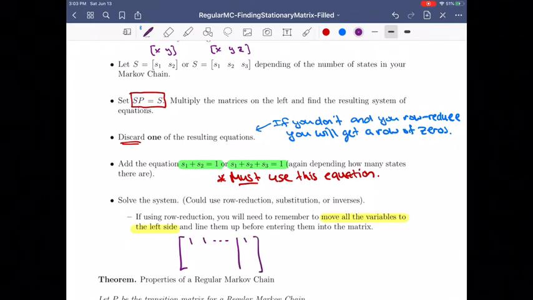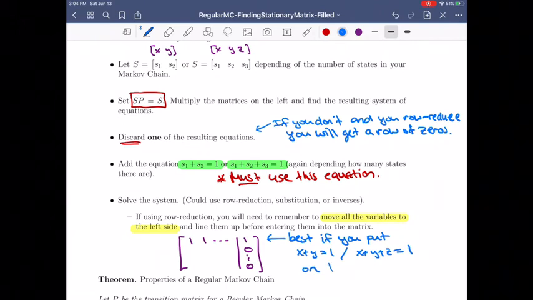All your other equations are not nice, but they are all going to end with zeros, so that the matrix you row reduce should look something like this. It's best, you don't have to, but it's best if you put the x plus y equals 1, or x plus y plus z equals 1, equation on the top. Because it's already 1, it's going to make your life a little bit easier. So that's how you find the stationary matrix.